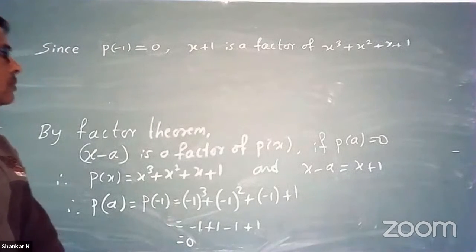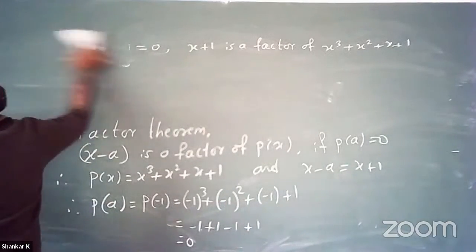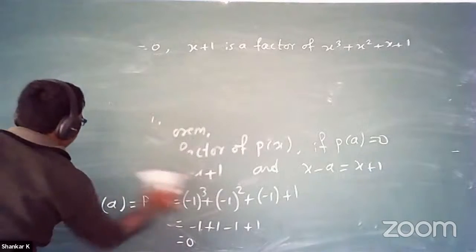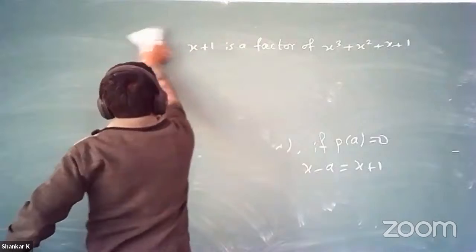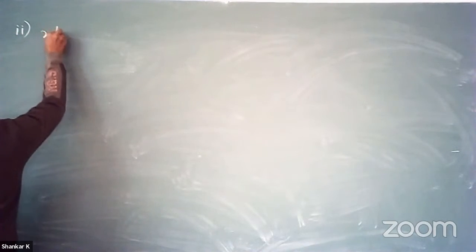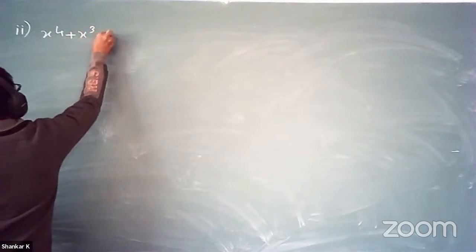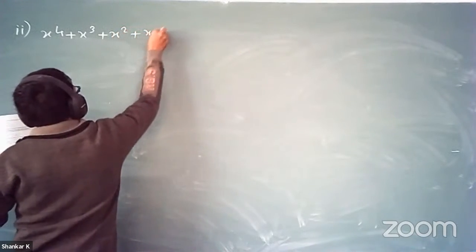Question number 2 is x raised to 4 plus x cube plus x square plus x plus 1.